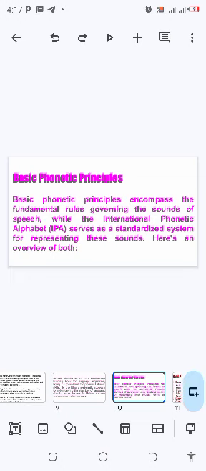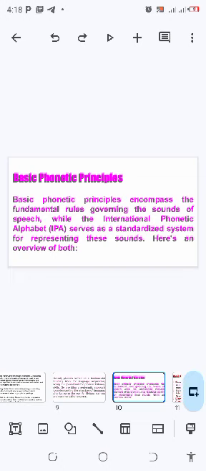While the International Phonetic Alphabet serves as a standard system for representing these sounds. So the International Phonetic Alphabet, that's the IPA, is the standard recognized system for representing sounds.